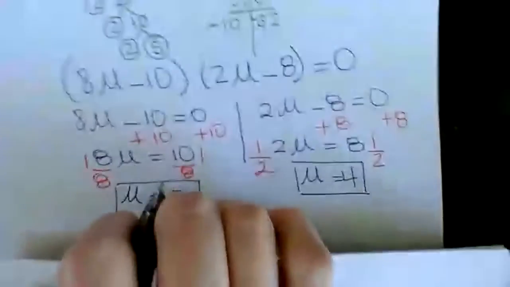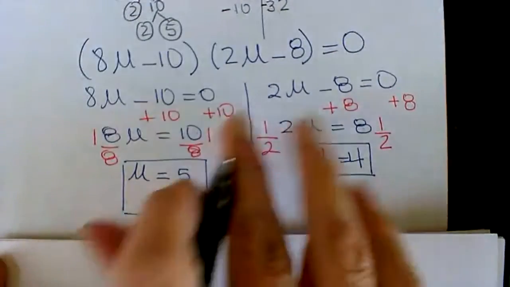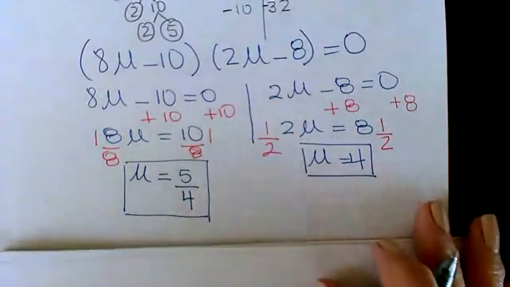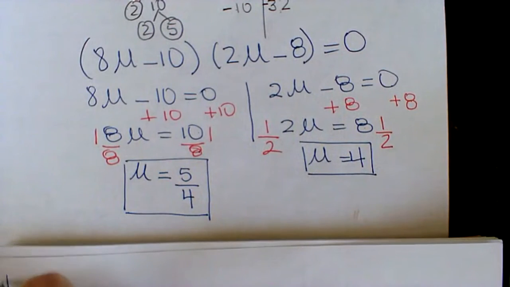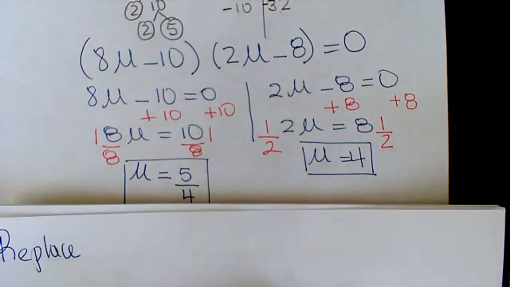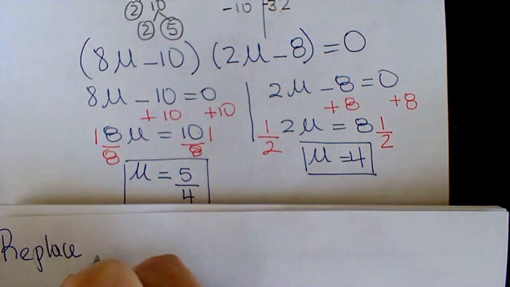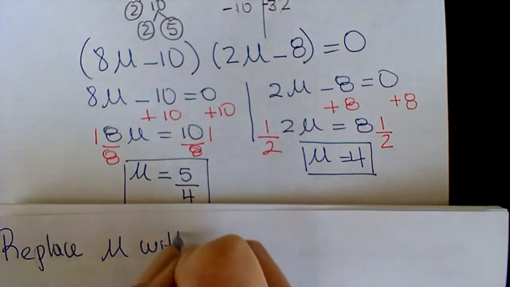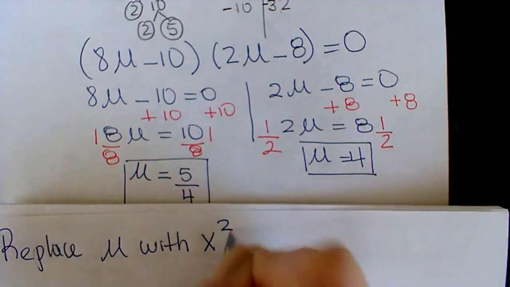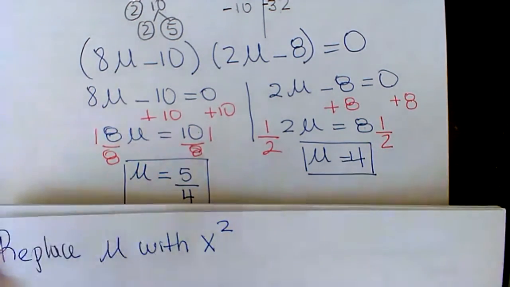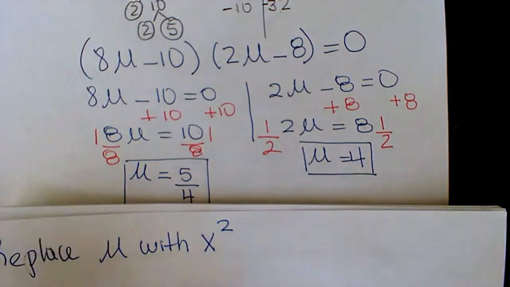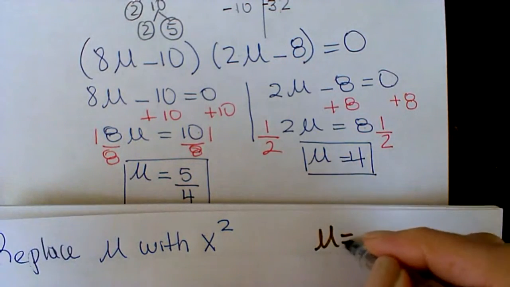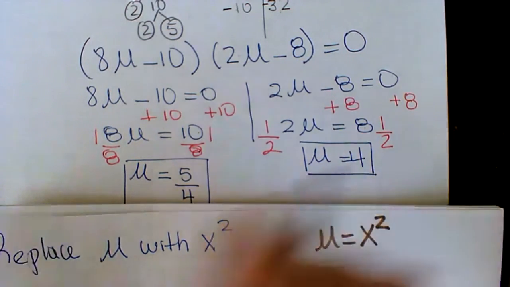So what we got here, we're going to replace u with x squared, because remember that we said u was going to be equal to x squared.